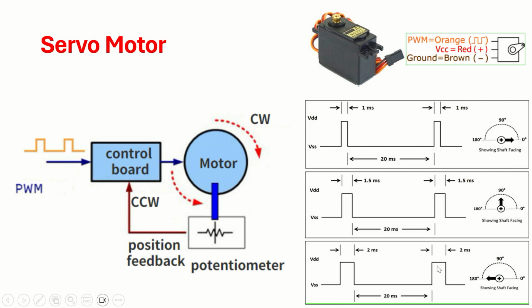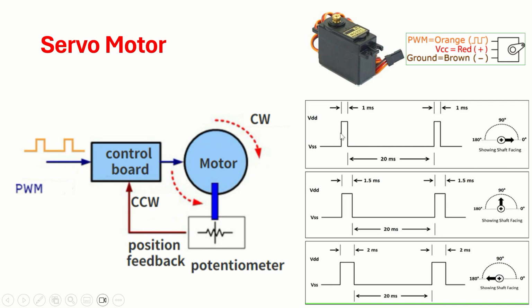So between one pulse and the other pulse, at least a 20 milliseconds gap has to be there. So this is how a servo motor works. So the servo motor speed, the servo motor direction, everything is based on the width of the pulse, right?